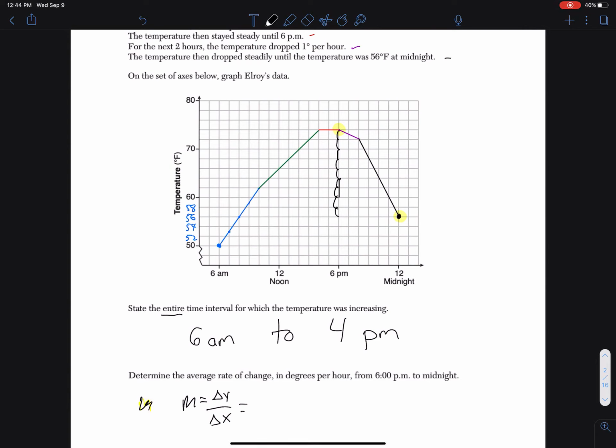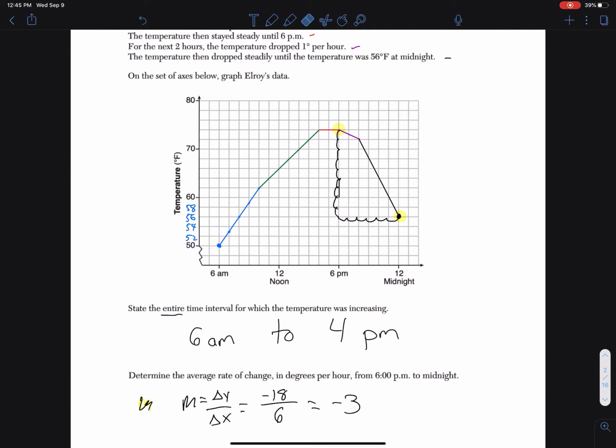So I'm going down 18. So I'll be negative 18 over, so I'm going to the right, 1, 2, 3, 4, 5, 6. But remember, each box counts as 2. Actually, not for the x, each box counts as 1. Sorry. So that'll be negative 18 over 6. I got confused with the y there. Negative 18 over 6 is just negative 3.